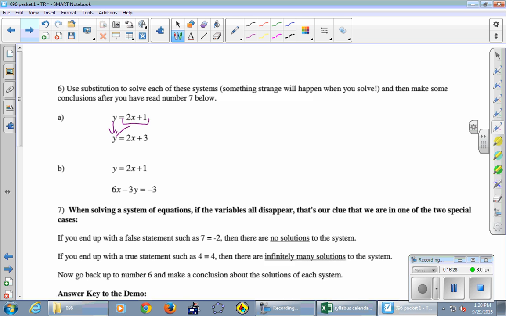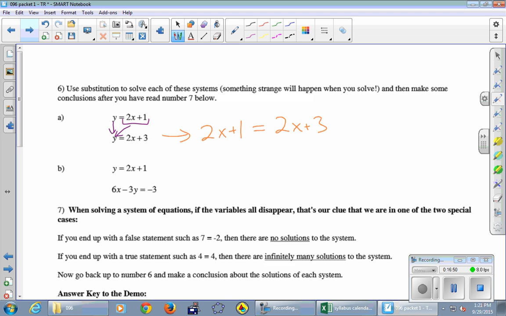We're just going to substitute that right there for the y. So this guy becomes 2x plus 1 equals 2x plus 3. Okay, we all see the substitution that just happened?